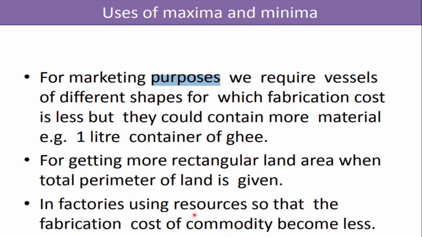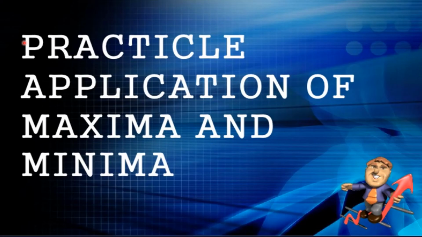In factories, using resources so that the fabrication cost of a commodity becomes less. In all these cases, we use the concept of maxima and minima. Understood, my dear children? Right. These are the practical applications of maxima, minima. Okay, my dear children? Right.